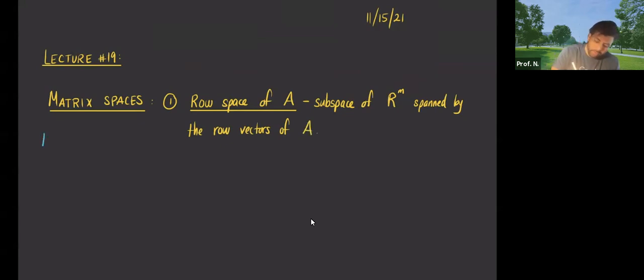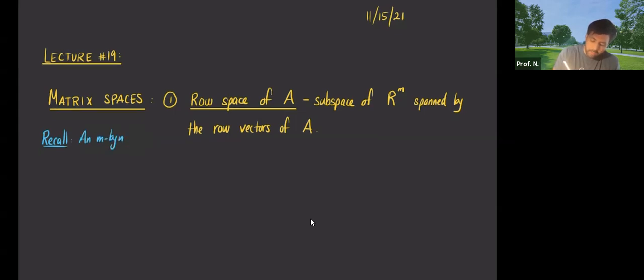Now recall that a matrix A, I should say, an m by n matrix A, represents a linear transformation T. Remember this?